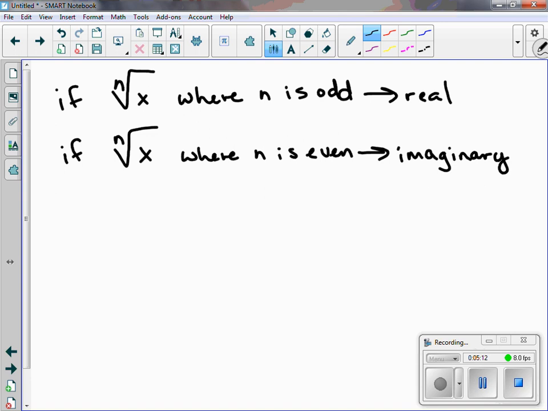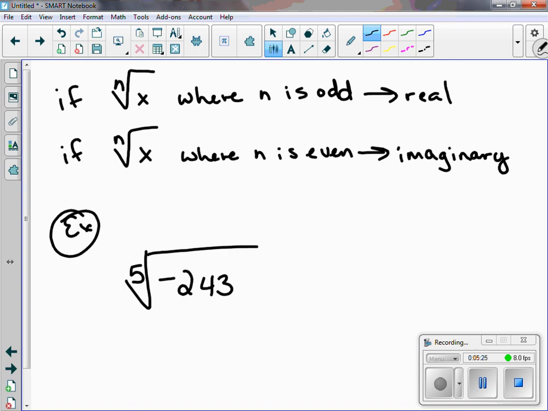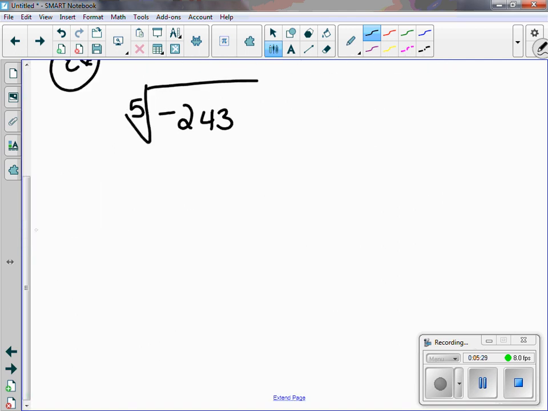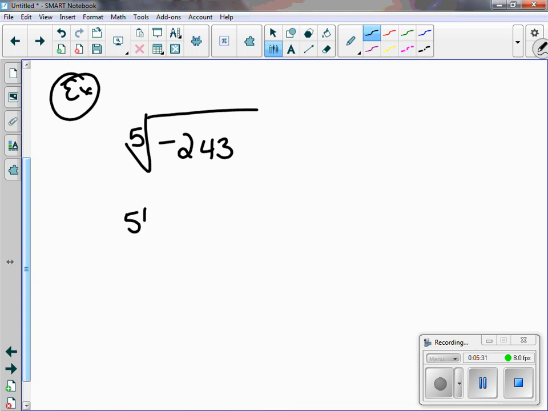So let's say, for instance, that I have the fifth root of negative 243. Looking at this, I know right now it's a fifth root, which is odd. Therefore, this is real.